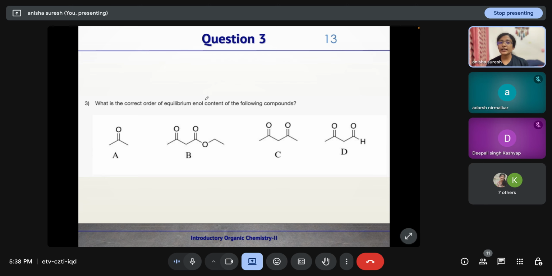For determining the equilibrium enol content of the following compounds, you have to consider these factors: one is hyperconjugation, hydrogen bonding, resonance, and another factor is aromaticity, but it is not applicable in this example.